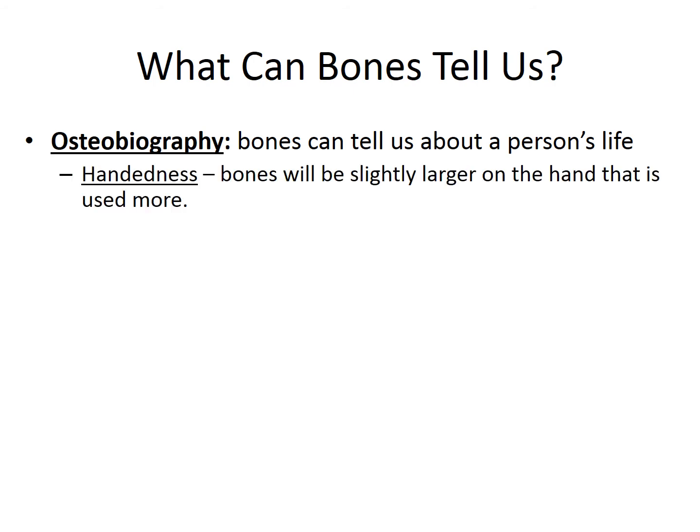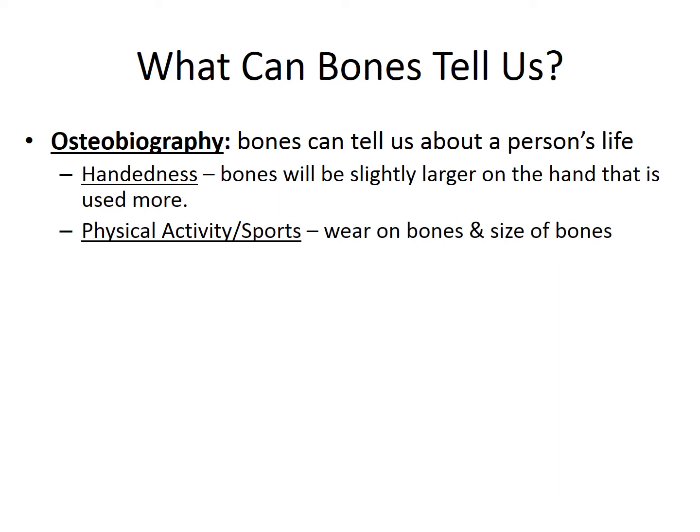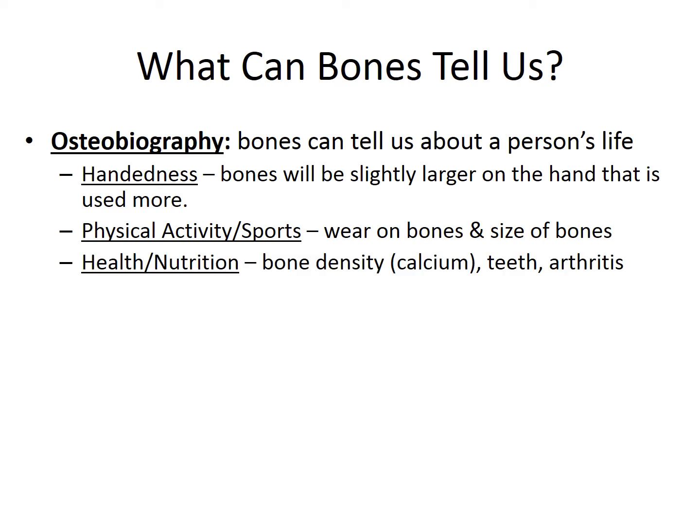We can also figure out things like handedness. The bones in the hand that's used more are going to be slightly larger. We can figure out how active that person was. If there's more wear on the bones and the bones are sized bigger, there's basically more physical activity. We can talk about health and nutrition, so the bone density, how much calcium there is, teeth, arthritis.